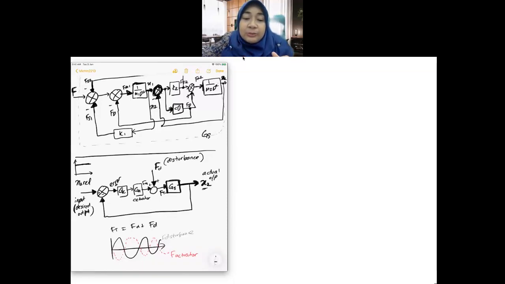So if I can design such a controller here, GC, that can give value to my actuator, maybe I put an MR damper in my system, and then I come up with a controller that can give information to my actuator, so that the force coming out from my actuator is antiphase to my actual disturbance, then of course the total force to my system, this is the suspension system just now, will be 0 or very minimum or very small.